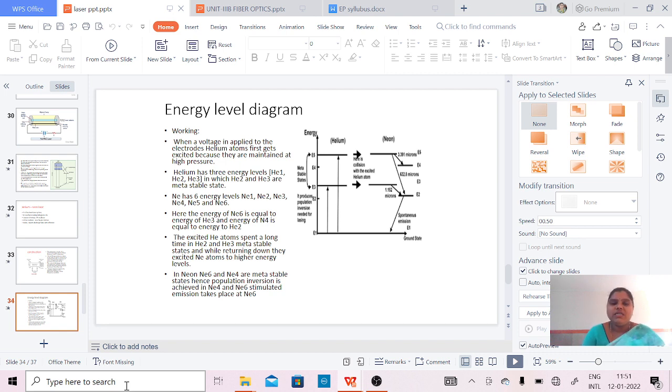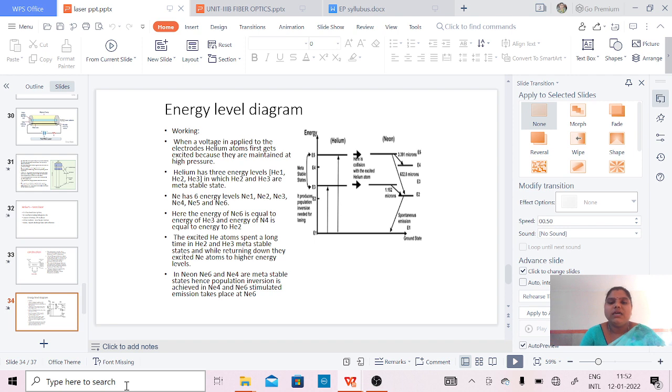Helium has three energy levels, He1, 2, 3, in which He2 and He3 are metastable states, and neon has 6 energy levels, Ne1, 2, 3, 4, 5, 6. Here the energy of Ne6 is equal to the energy of He3 and Ne4 is equal to He2.